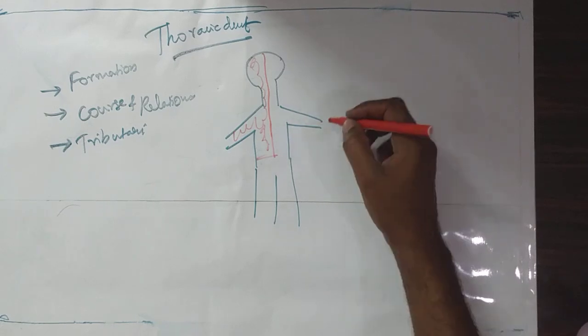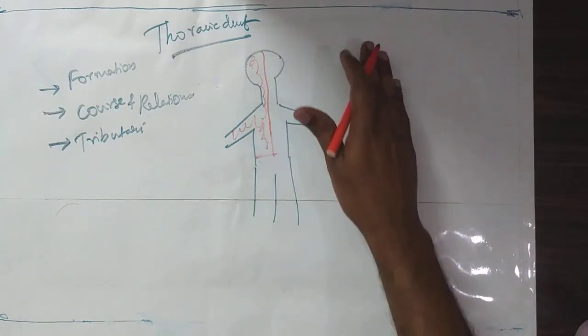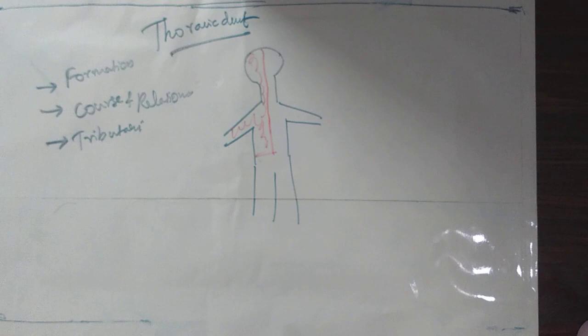The lymphatics from this region are drained through the thoracic duct.